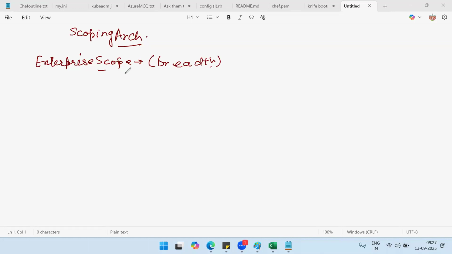So in the enterprise, you need to mention what the extent is. It could be an organizational unit, the business units, or the departments. You are working for a particular department. It may be related to a process.